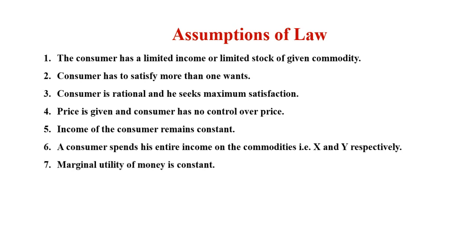Marginal utility of money is constant because the utility of money cannot be changed according to this law. Utility is measurable in cardinal terms, like the law of diminishing marginal utility theory. The utility of a commodity is measurable in numerical terms like 1, 2, 3, 4, 5.